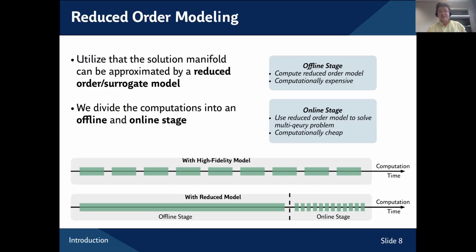An offline stage in which you compute the reduced model, and then an online stage in which you use the reduced model to solve the multi-query problem, as shown in this figure at the bottom of the screen. The offline stage is computationally quite heavy, but once it's done, then you can hopefully solve the problem very quickly for many parameter settings.